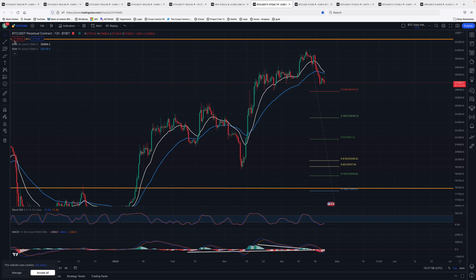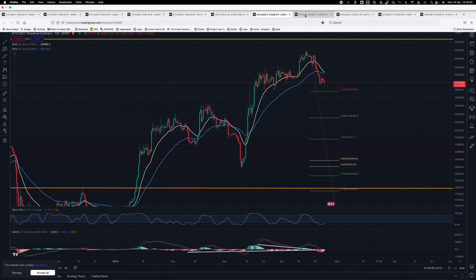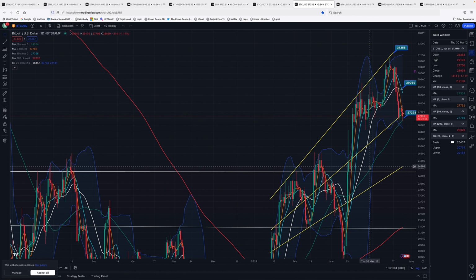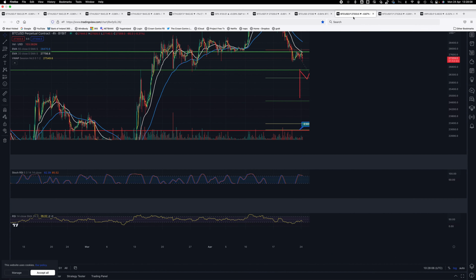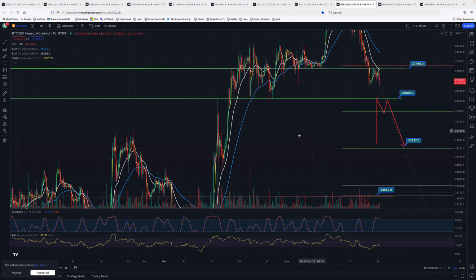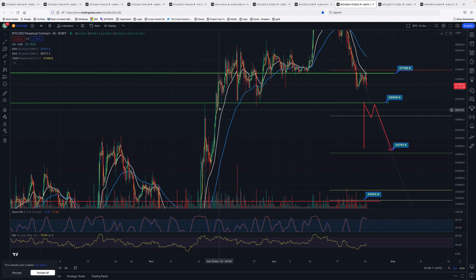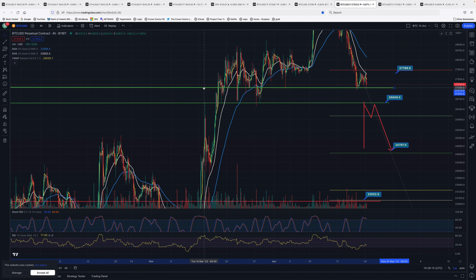So again, we are in the same 4-hour space that we've been mapping, and I will just move the resistance line down to here because now it is support.